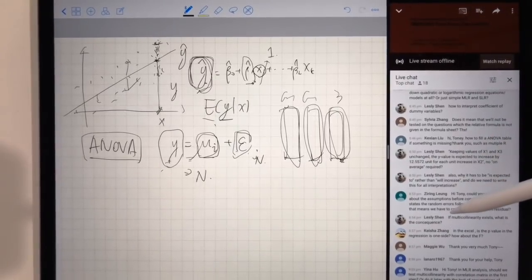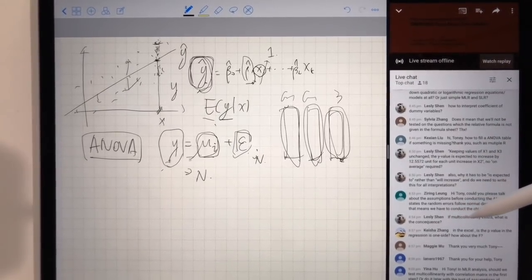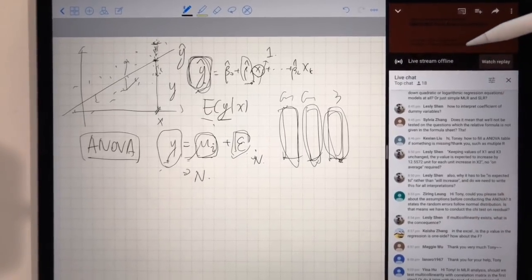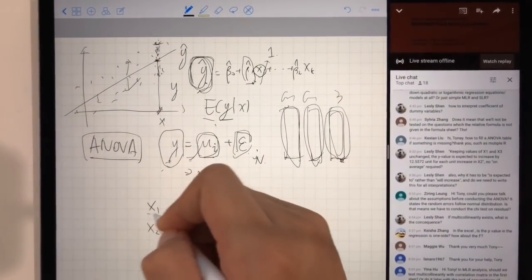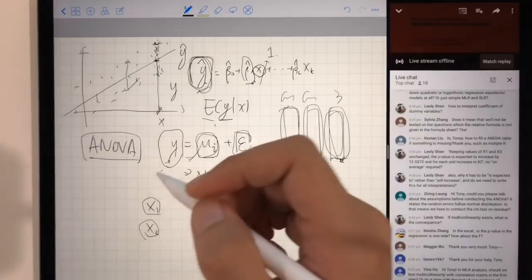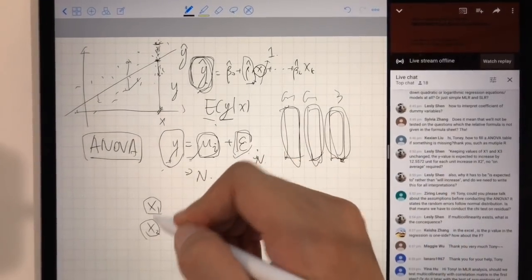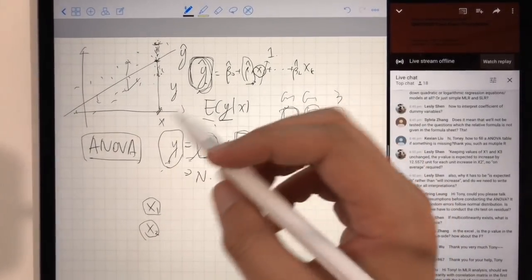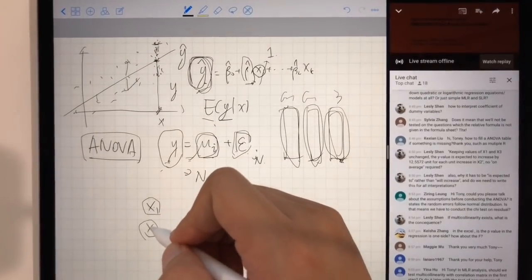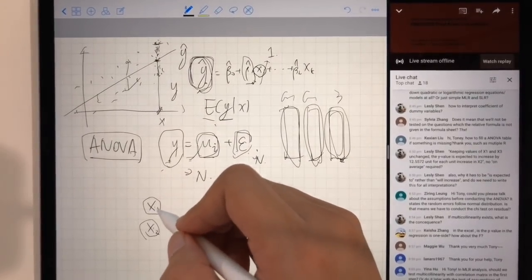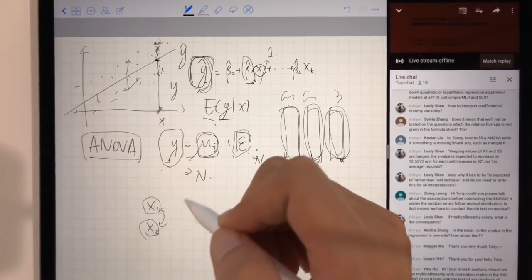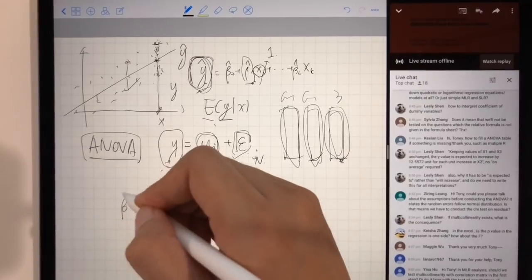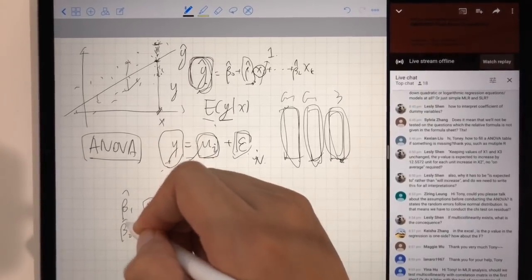Okay. Leslie Shen, if multicollinearity exists, what is the consequence? For example, say your model only has two independent variables, x1 and x2. If x1 and x2 are correlated, then it's very likely that none of those coefficients are significant, right?